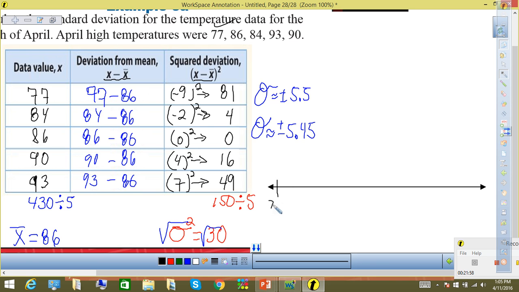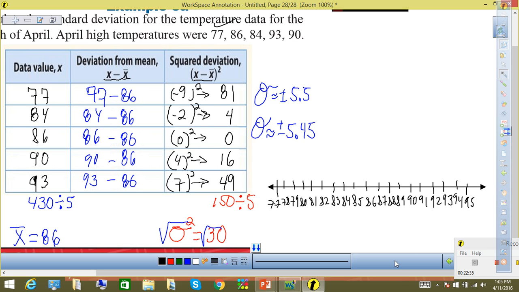That's going to be our first number. 77, 78, 79, 80, 81, 82, 83, 84, 85, 86, 87, 88, 89, 90, 91, 92, 93, 94, 95.